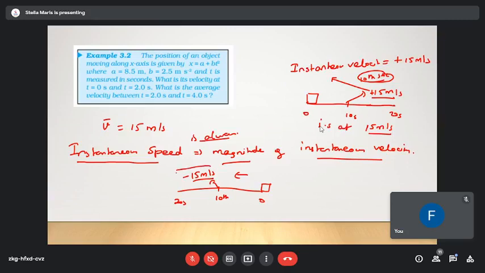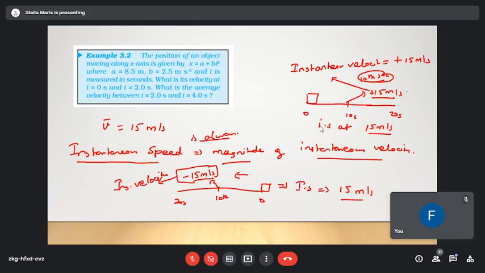What is this? It is the instantaneous velocity, right? What is the instantaneous speed here? Yes, 15 meter per second, sir. Yes, instantaneous speed is 15 meter per second.